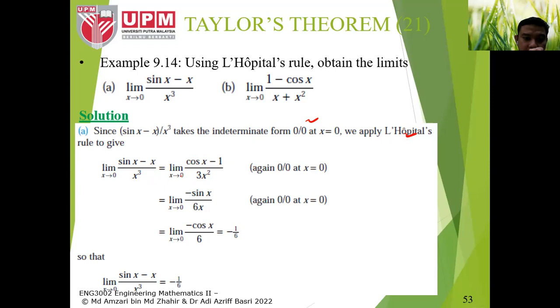When you put in x equal to 0, you still get 0 over 0, so differentiate again. Differentiating cos x minus 1 gives negative sin x, and the denominator gives 6x. At x approaching 0, you still get 0 over 0, so differentiate again until you finish. Now you get negative cos x divided by 6. When you put in x equal to 0, cos 0 equals 1, so at the end of the day, the limit becomes negative 1 over 6.